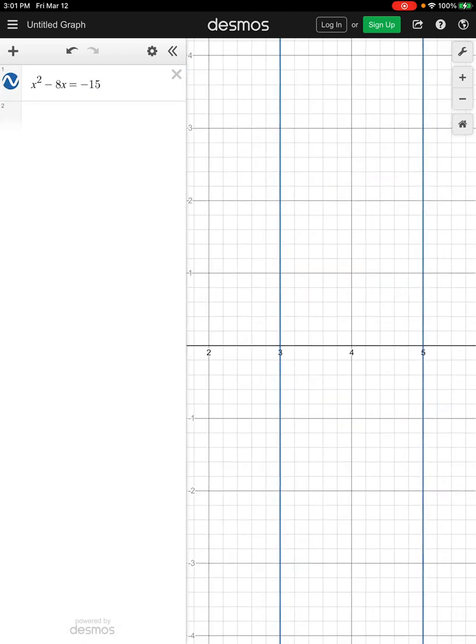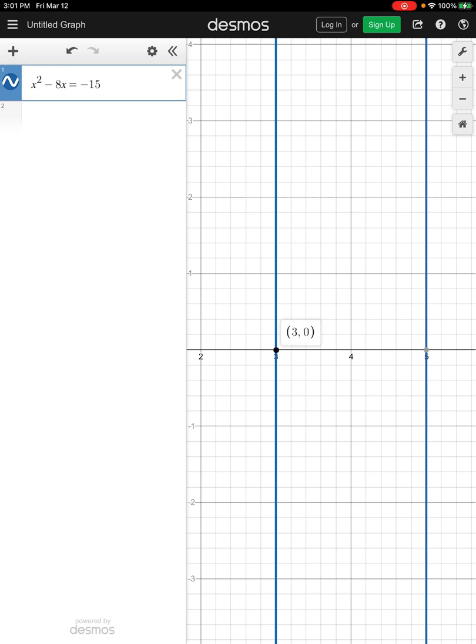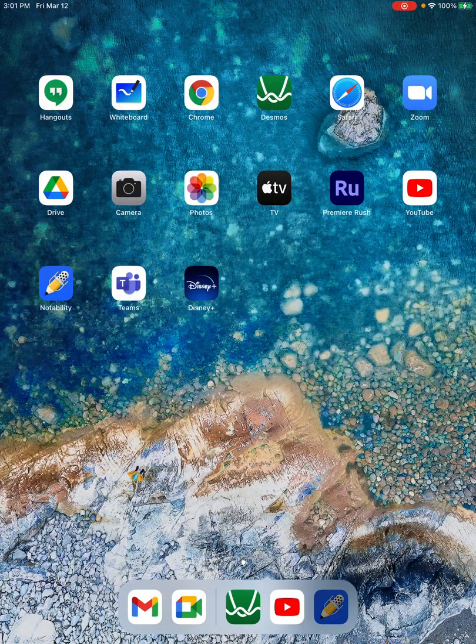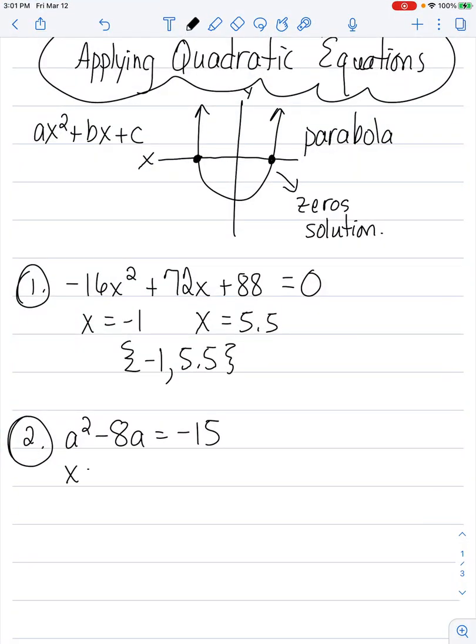I'm going to find my zeros. My first one is at 3, 0, and my other one is at 5, 0. So my solution to this quadratic equation is x equals 3 and x equals 5. I'll also write it as a number set so you can get used to that. These are my solutions.